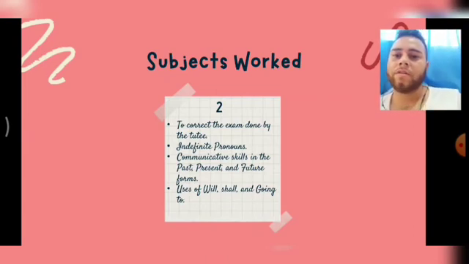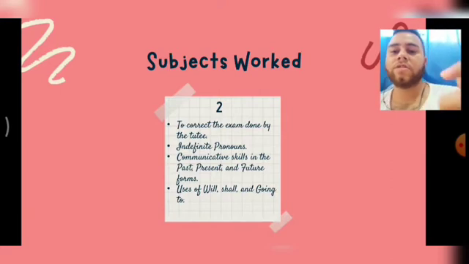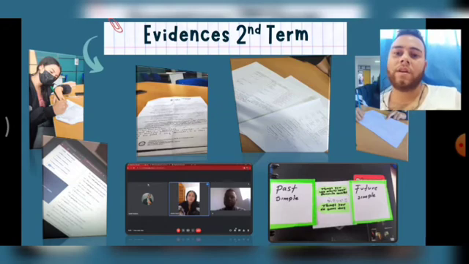And also the final thing that we did during the second term was to explain the uses of will, shall, going to. And these are the evidences for the second term.